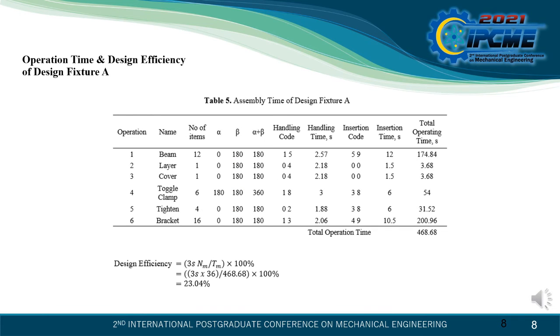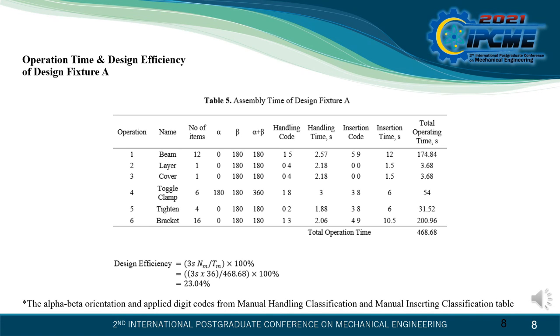In this stage, we have to determine the operation time and design efficiency of design feature A. Table 5 shows the assembly time of design feature A, which consists of several pieces of information: alpha, beta, alpha plus beta, handling code, handling time in seconds, insertion code, insertion time in seconds, then total operating time in seconds. To find the values, we need to know the alpha and beta orientation first.